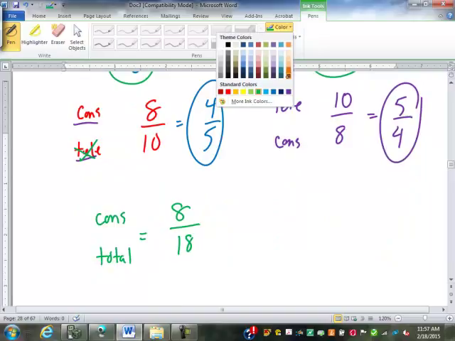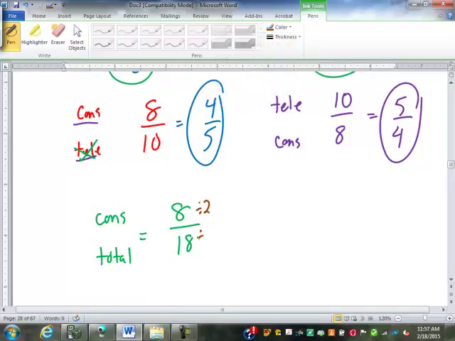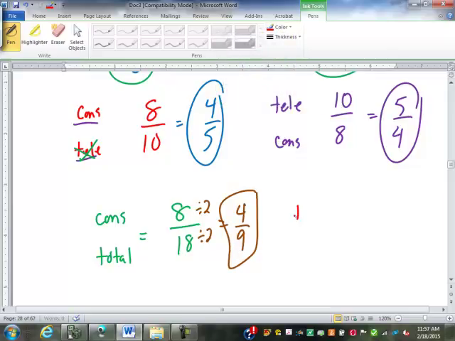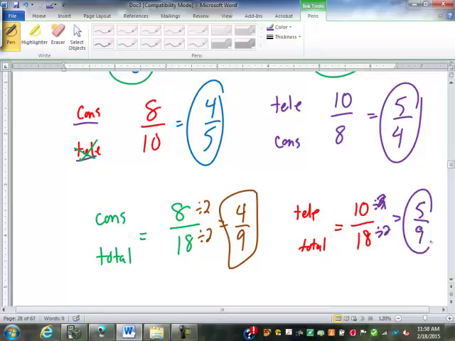Which will reduce, both divided by 2 again, to a 4:9 ratio. But I also have telecommunications to total. So that would be 10 telecommunications students to 18 total. Dividing by 2 again gives me a 5:9 ratio.